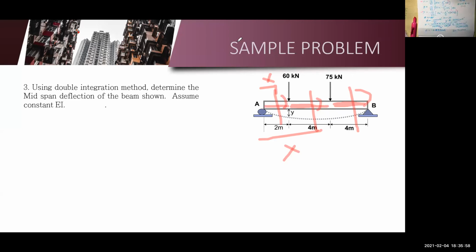Kung nasa loob siya ng parenthesis, as a whole mo siya i-integrate. So, yun lang yung rule. Instead of getting a moment equation per segment, all we need to do is cut it at this end and then get the moment equation.